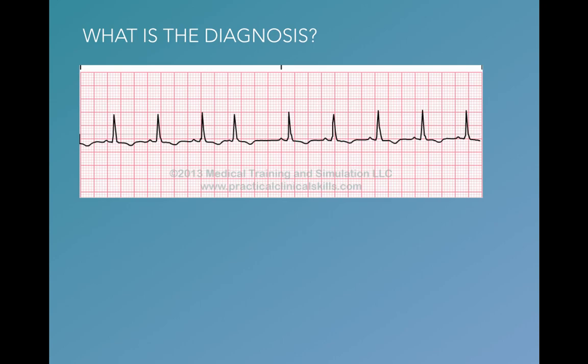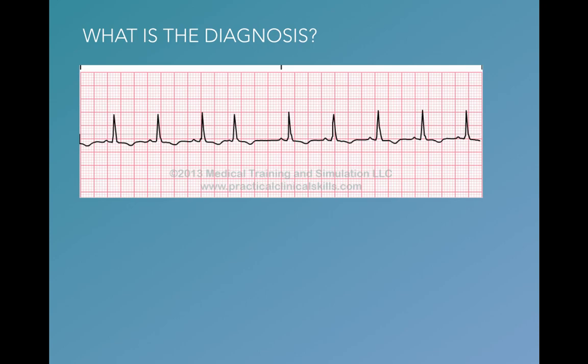You know it's irregular, so you want to check for P waves, and you in fact see P waves before each one. So you can't have AFib, right, because there are P waves. Now, you also want to check to see if the P waves are morphologically identical. And you can do that, but I'll also say, because I know the answer already, that if you look, you might notice that most of the R to R intervals are identical.